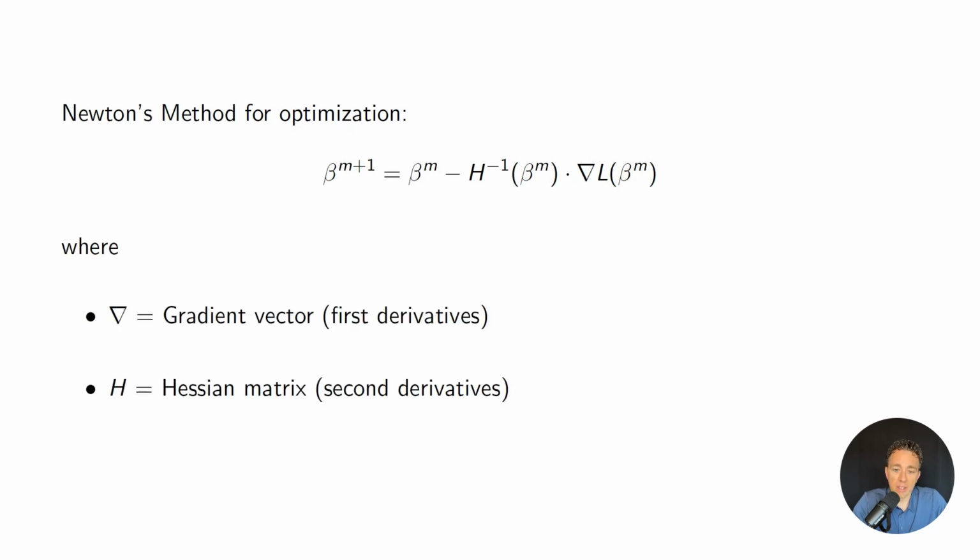So in this case, the next iteration of beta is going to be the current iteration minus the inverted Hessian evaluated at the current iteration values times the first derivative of our likelihood function evaluated at the current iteration's values. So this is a tried and true, centuries-old method for finding the top of a hill or the bottom of a valley in the most efficient way possible. And so the question is how expensive is it for us to compute H inverse and the gradient of the likelihood at every iteration? That's going to determine how quickly we get to our answer.